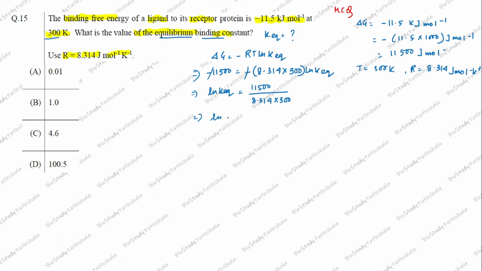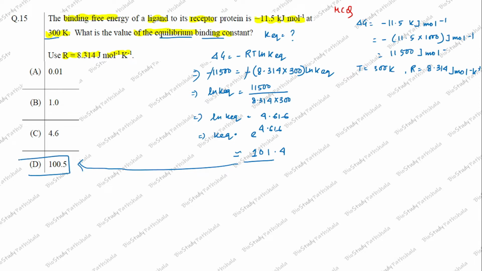So this value will be approximately 4.616. So now K EQ value will be e to the power 4.616, which is almost 101.4. So this value is nearest to 100.5. So in this case, option D will be the right answer.